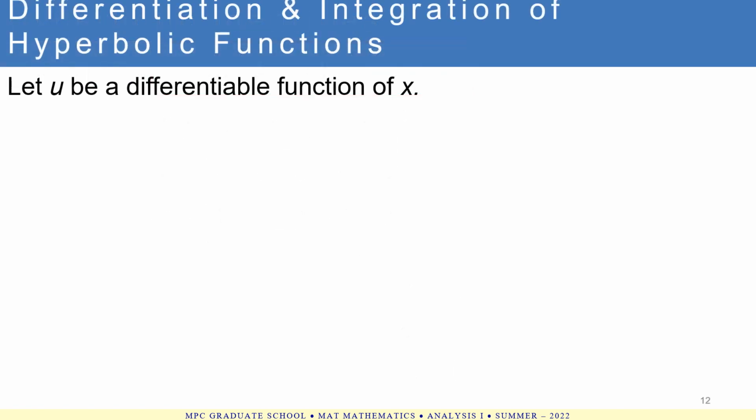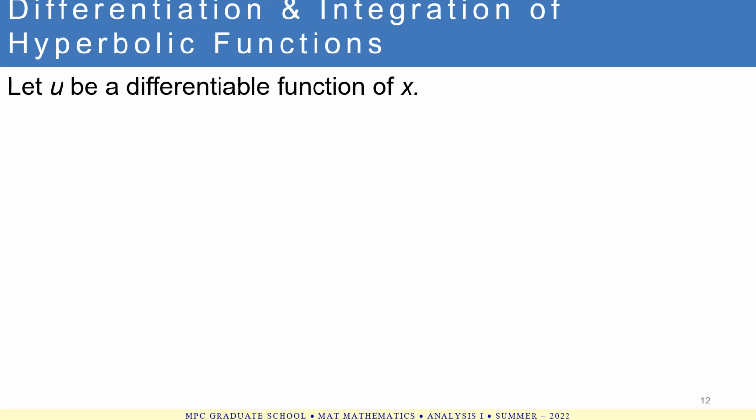Because the hyperbolic functions are written in terms of e to the x and e to the negative x, we can easily derive rules for their derivatives. The next theorem lists these derivatives with the corresponding integration rules. Our theorem deals with the derivatives and corresponding integrals of the hyperbolic functions. There are 6 derivative formulas.